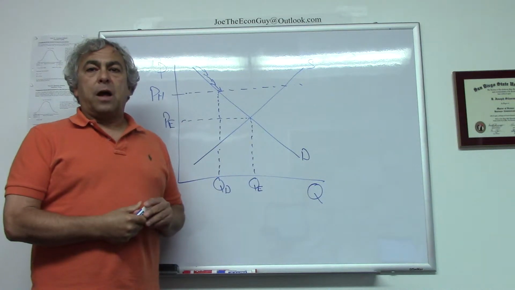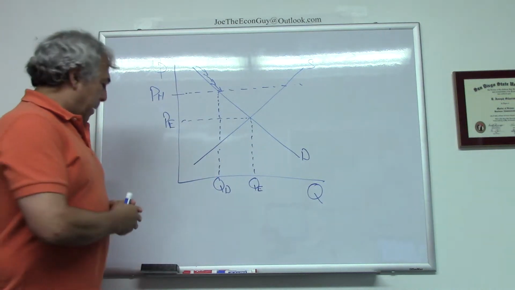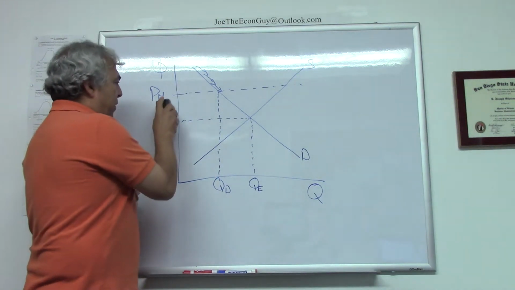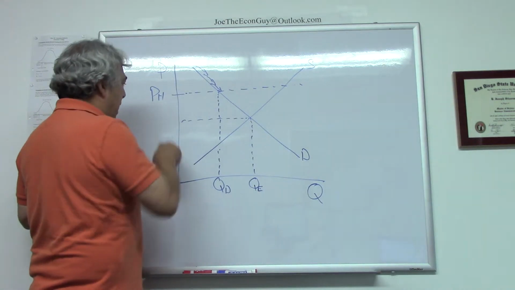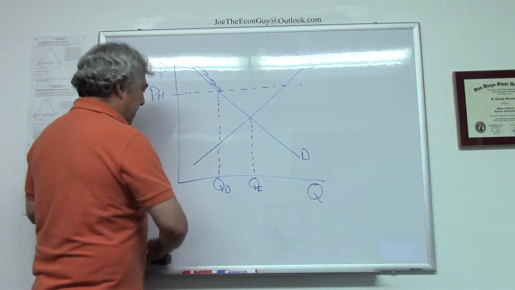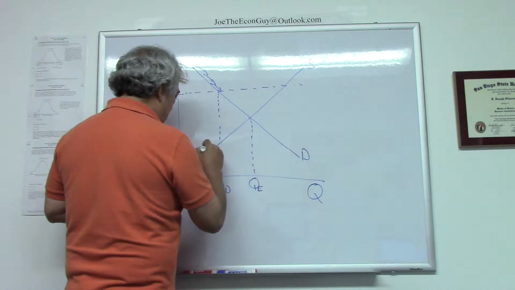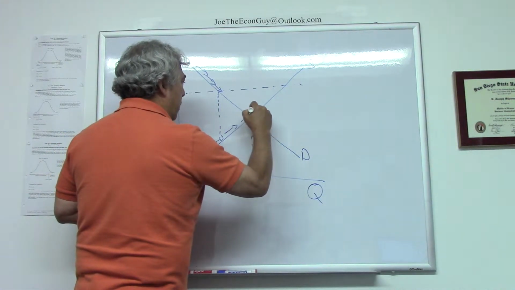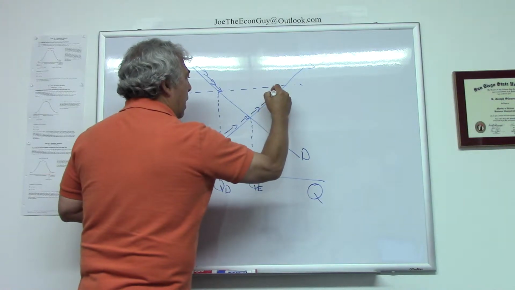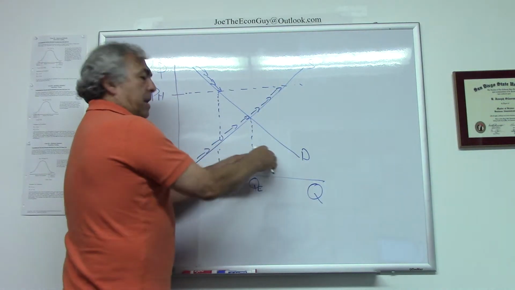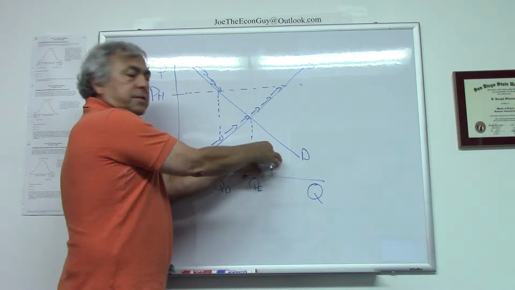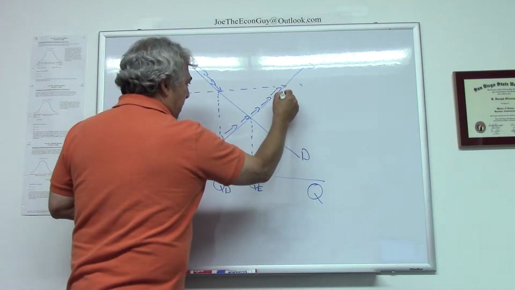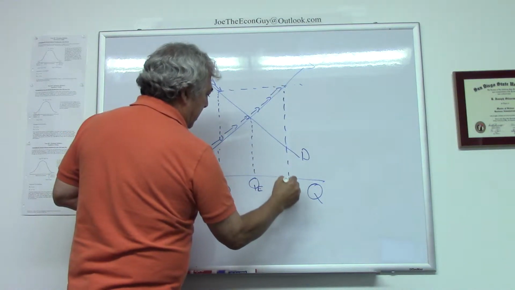How do they react to a high price? Well, sellers like a high price. So what you have to imagine is that in a market where the price is P high, PE does not exist, and producers are going to move up the supply curve until they encounter P high. So if this is the price, we would expect sellers or producers to produce more, and this would be the quantity that would be supplied to the market.